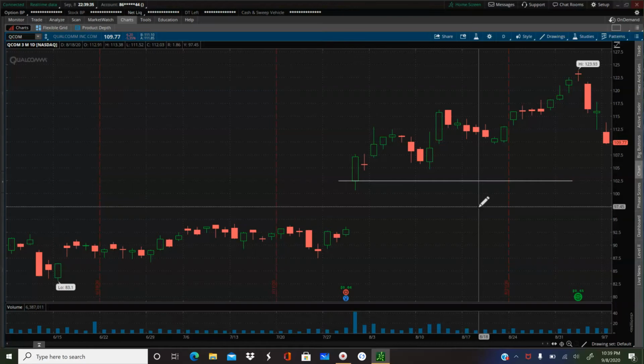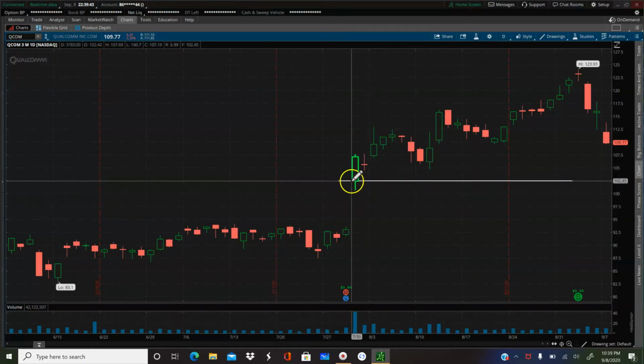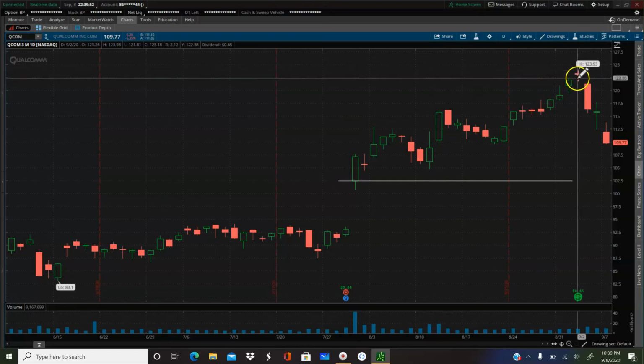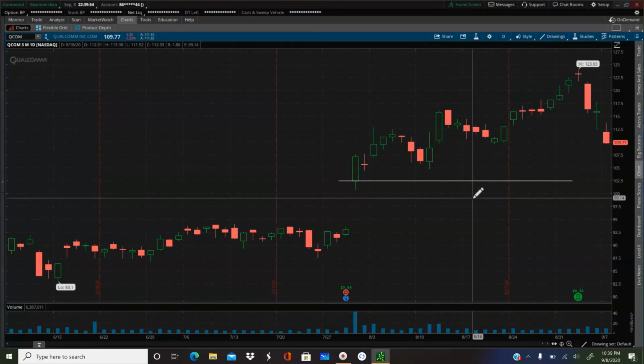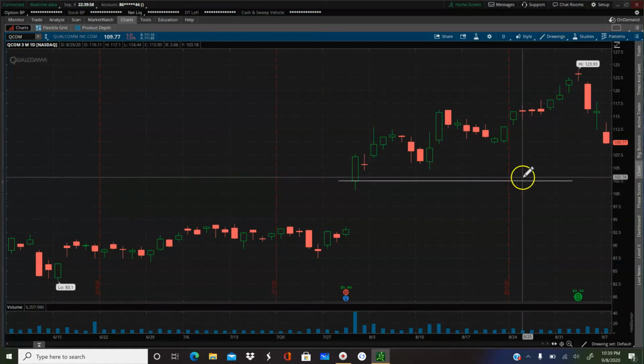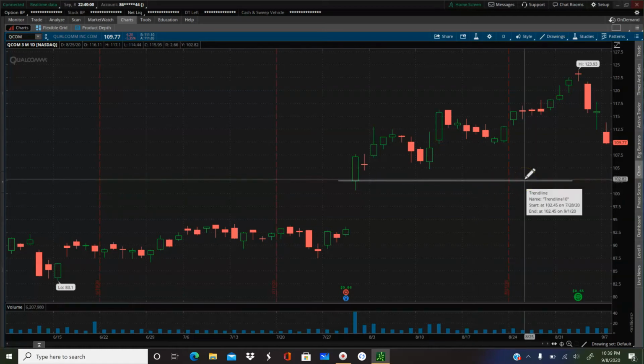And you can always reposition, and I'll try to find an example of what I mean. So, as you can see, jumping in Qualcomm right here at the open on 7:30, the open was 1025 and it ran all the way to 123.93, so almost to 124 within a few weeks.